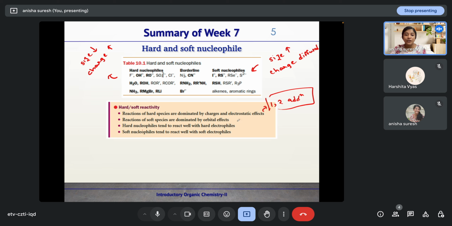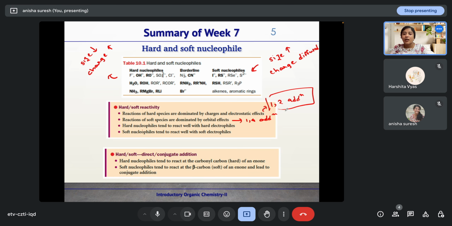So the soft nucleophiles can undergo 1,4 addition reaction at a faster rate. Here we can say hard nucleophiles tend to react at the carbonyl carbon, which is a hard electrophilic site of an enone, and the soft nucleophiles tend to react at the beta carbon, that is the 1,4 position, the soft site of an enone, and lead to conjugate addition.